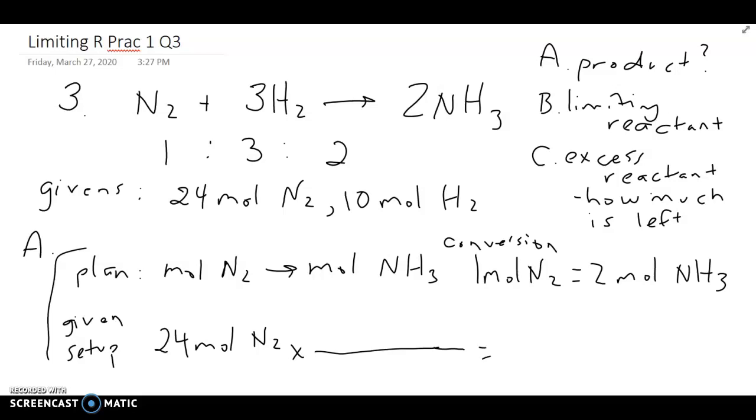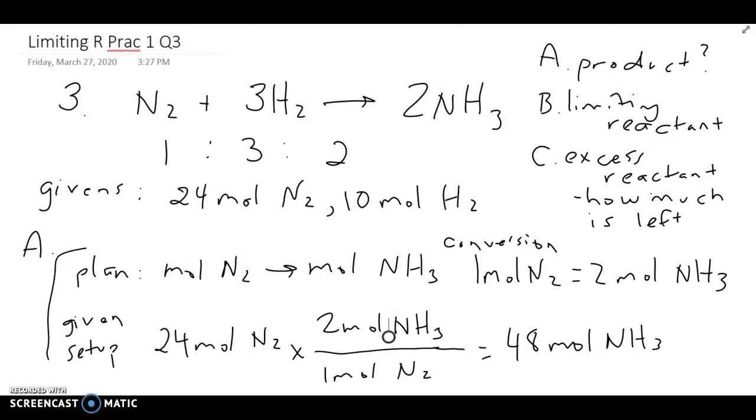So we put 1 mole of N2 on the bottom, 2 moles of ammonia on the top, and we multiply, and so we get 48 moles of NH3 is possible using all of the nitrogen.